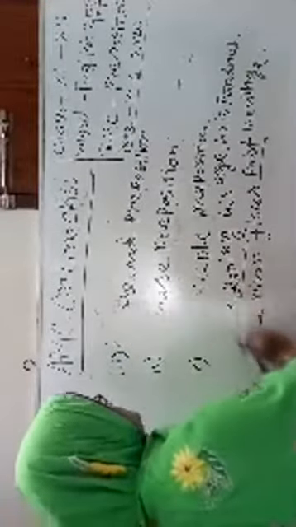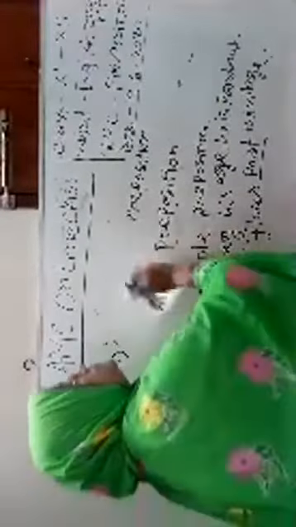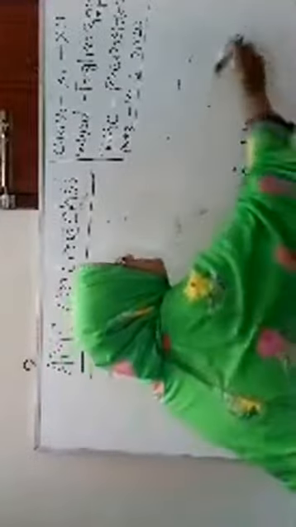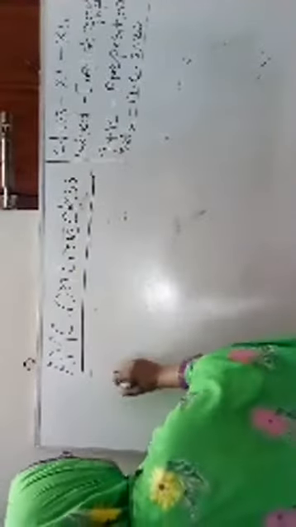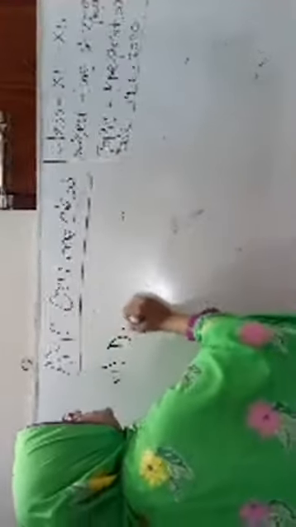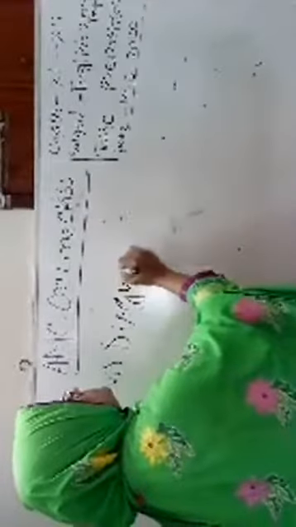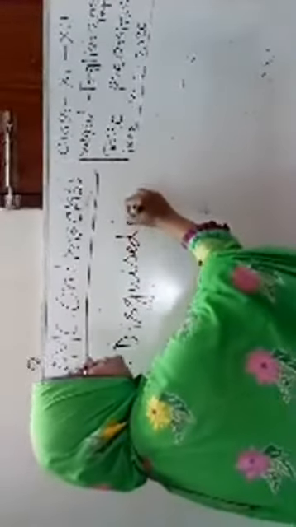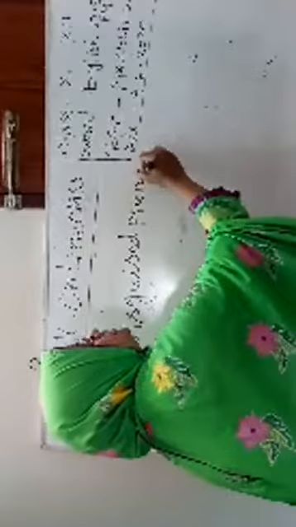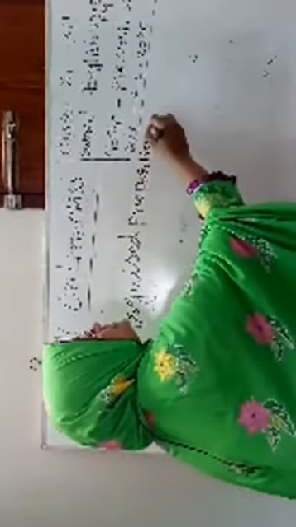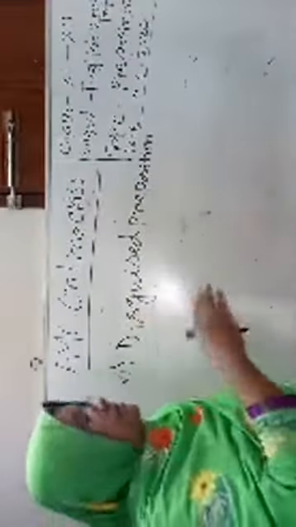Now we see number 6, disguised preposition. You know the meaning of disguised is hidden. That means there is a cover over another thing.